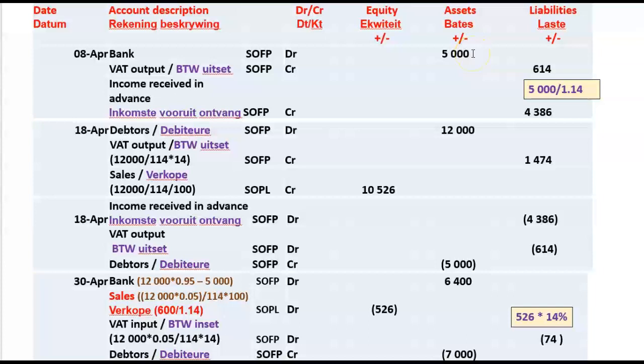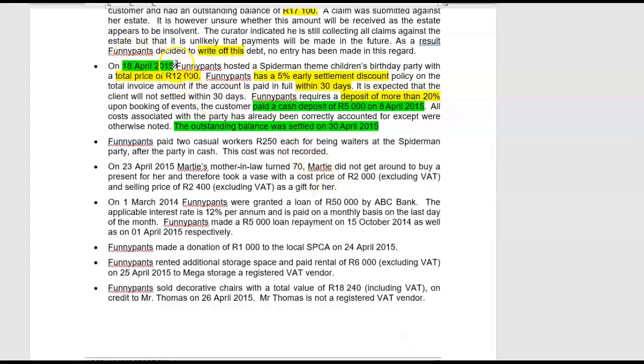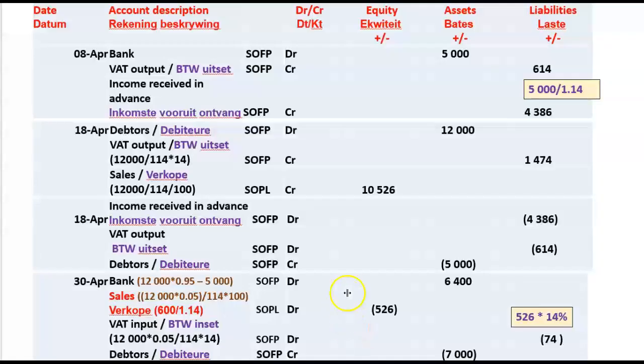No, they can't. Why not? Because the party was only taken place on the 18th of April. So if they receive the down payment or the prepayment on the 8th of April, they cannot recognize any of that income as yet because they haven't earned the income as yet.